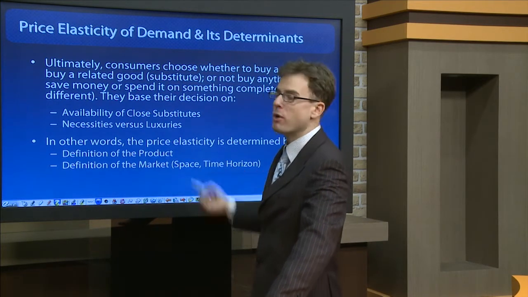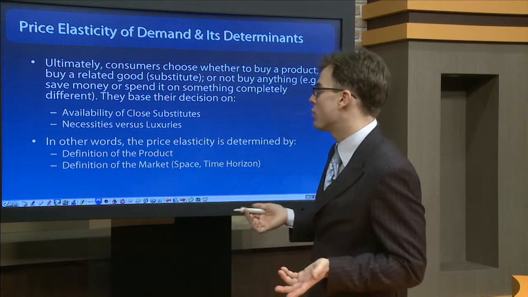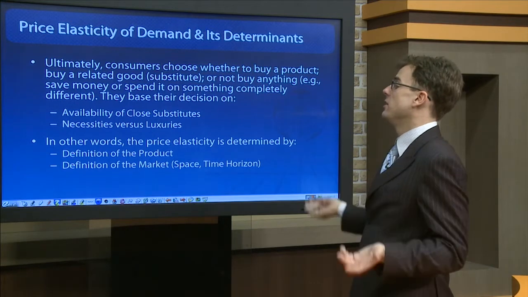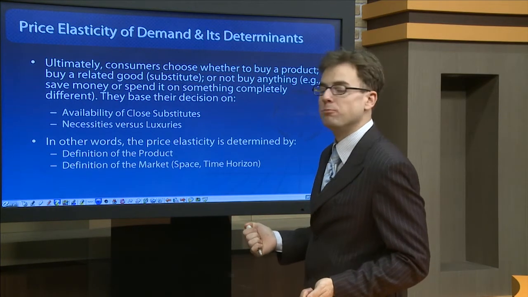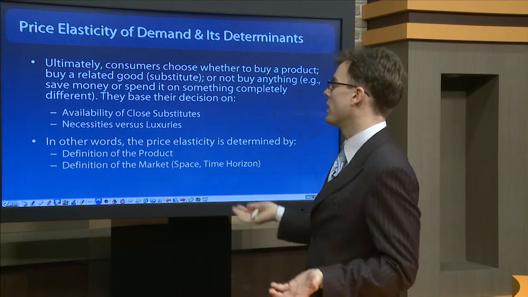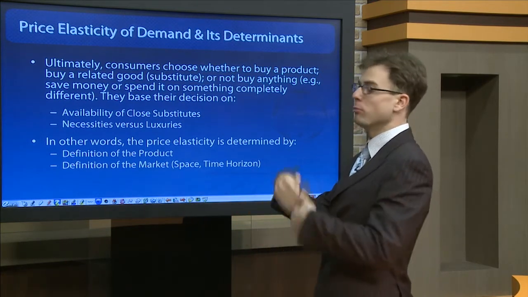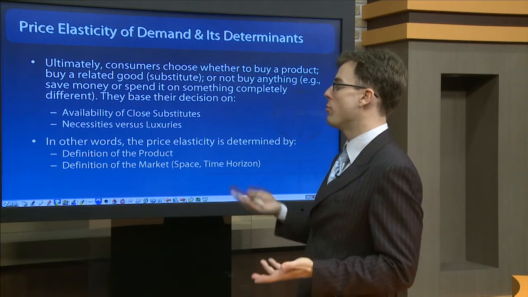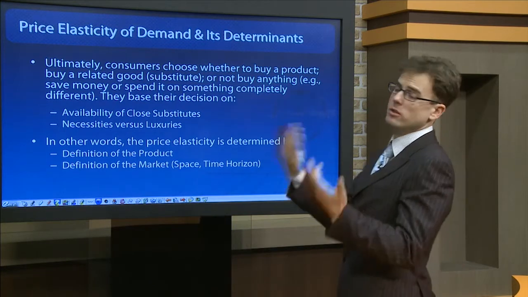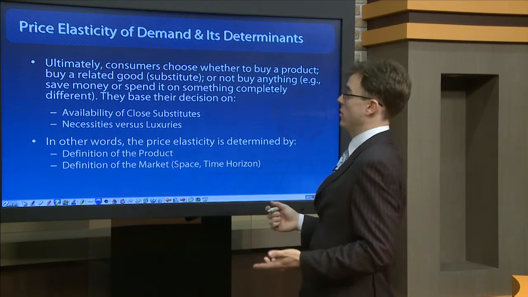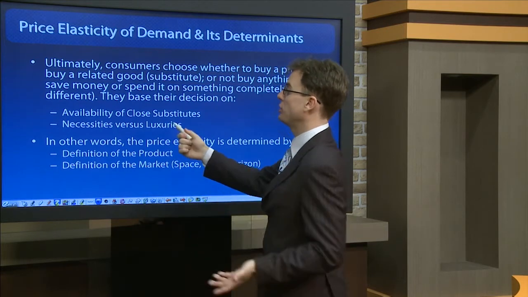On the other hand, if the product is a luxury, if the price of the commodity increases, the consumers might exit the market. They might choose to buy a completely different commodity with their money, or they may decide not to earn as much money to purchase luxuries.